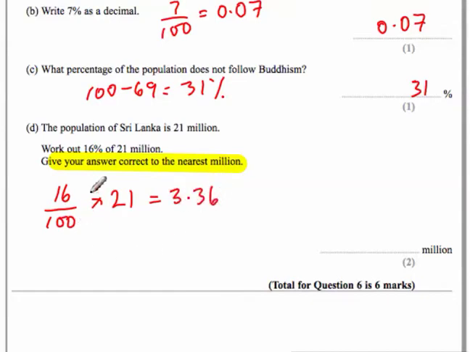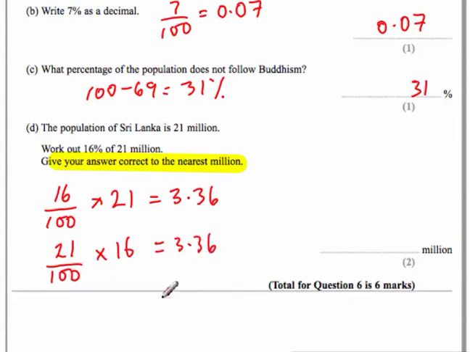Now another way to do it would be to find out what 1% is. To find 1% of anything, we divide by 100. So 21 divided by 100 would give you 0.21, and then times that by 16. This is 1%, we're trying to find 16. That will give you the same thing.